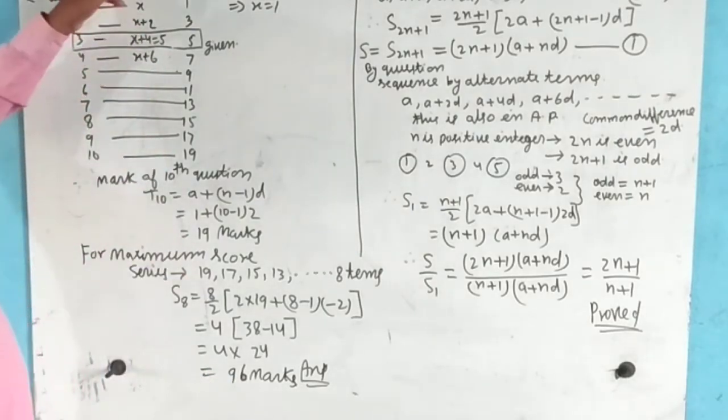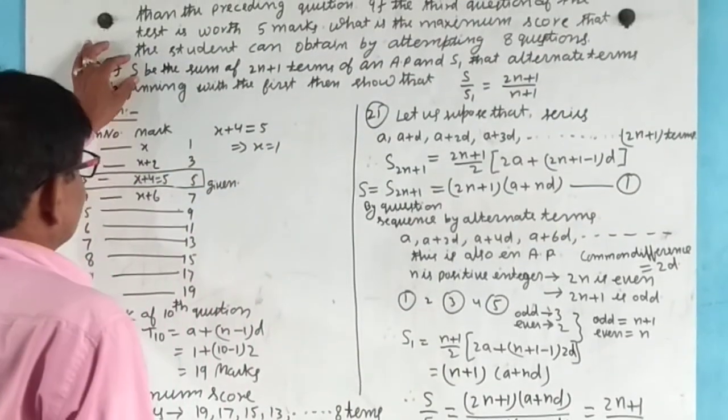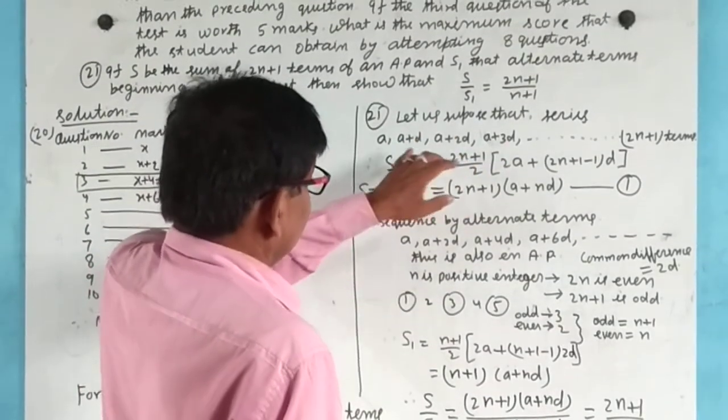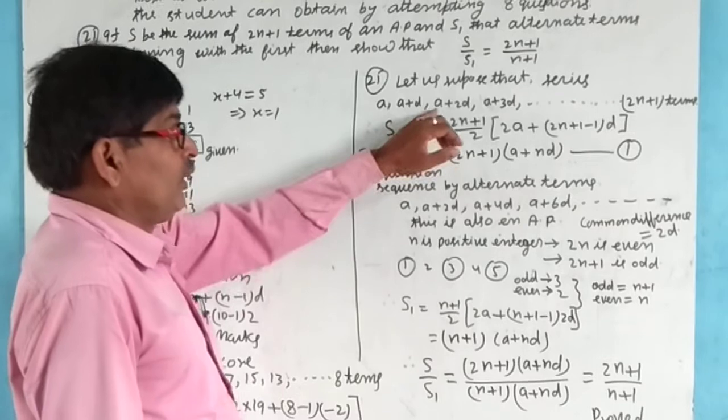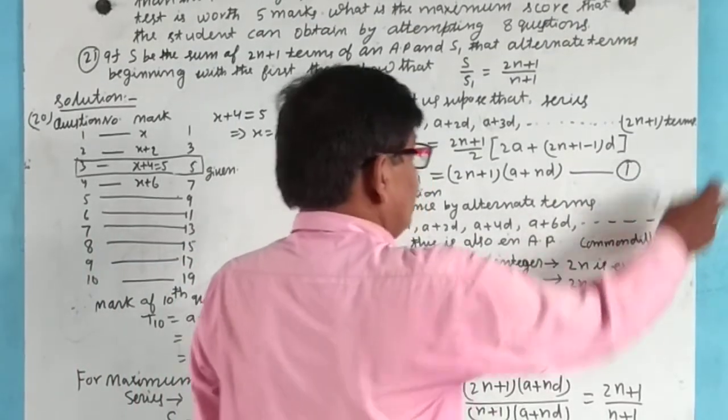Now the next question. If S is the sum of 2n plus 1 terms of an AP, let us suppose that the series is A, A plus D, A plus 2D, A plus 3D, up to 2n plus 1 terms.